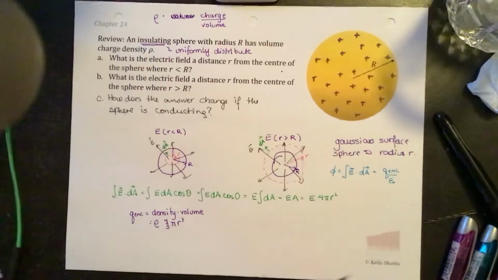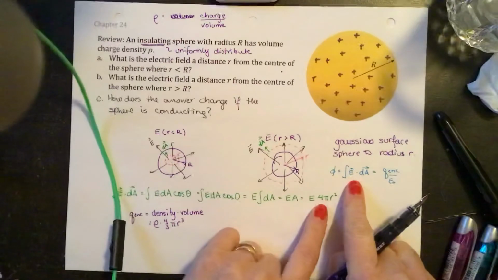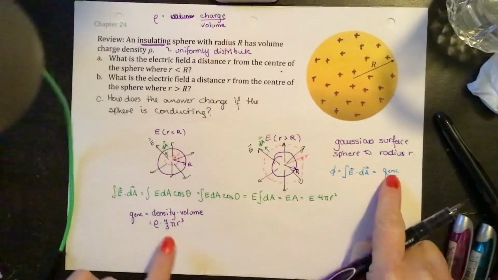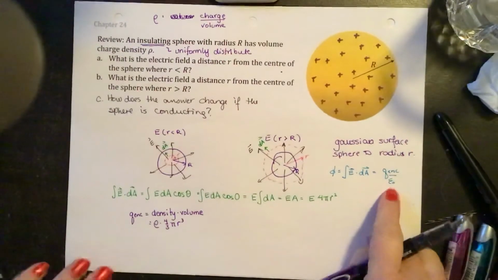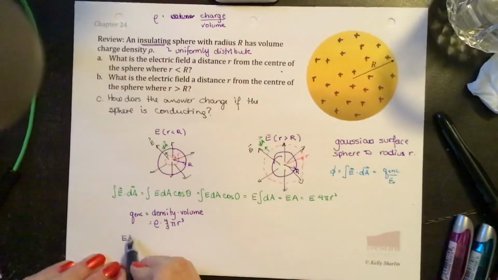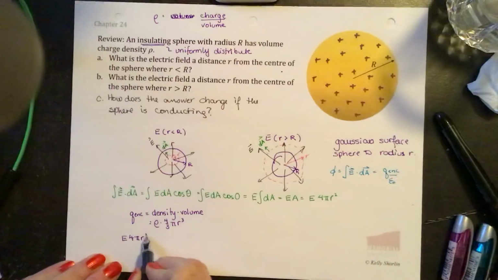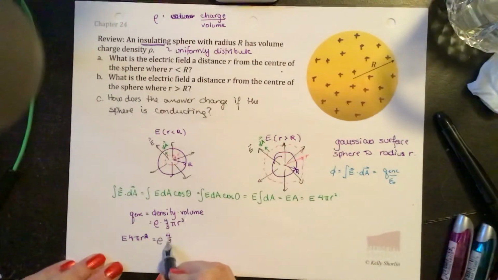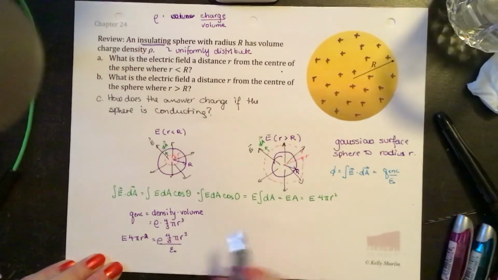Now I can put that my flux, which is given by this expression, is equal to Q enclosed divided by epsilon naught. So E times 4 pi r squared equals rho times 4/3 pi r cubed divided by epsilon naught.